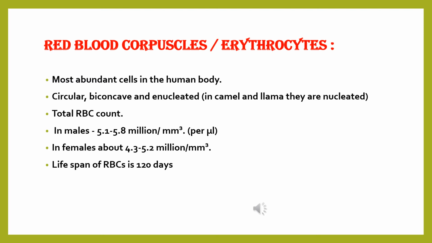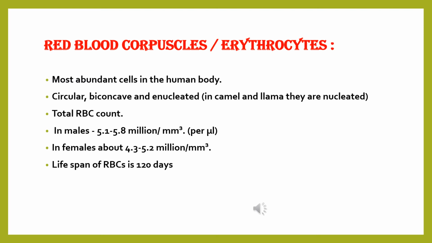The diameter of the RBC is 7 micrometer and its thickness is approximately 2.5 micrometer. When we study a blood sample, the count of RBC is found out. What is the RBC count?